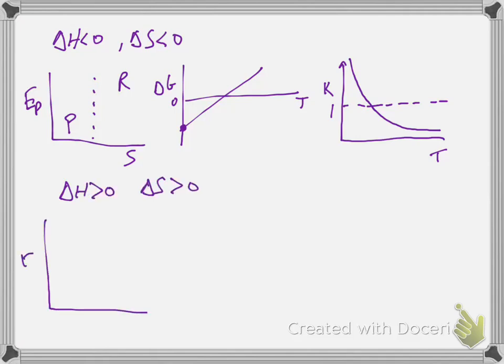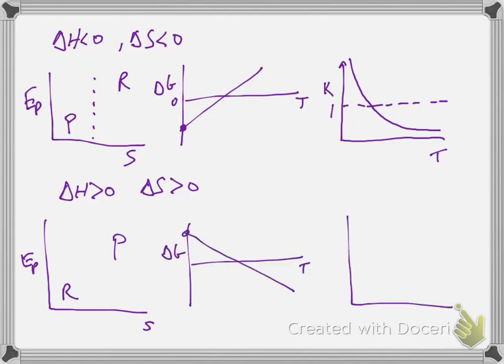We look at the other scenario where delta H and delta S have the same sign. P now has higher potential energy and higher entropy, so it's in the top right. You access more products at higher temperatures now. That means delta G becomes negative at higher temperatures, and it means that K becomes greater than 1 at higher temperatures.